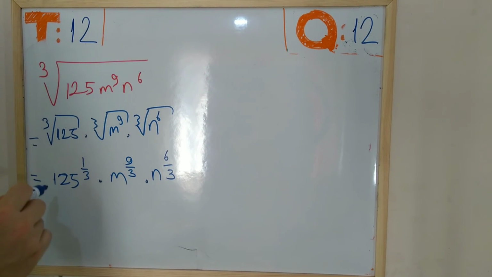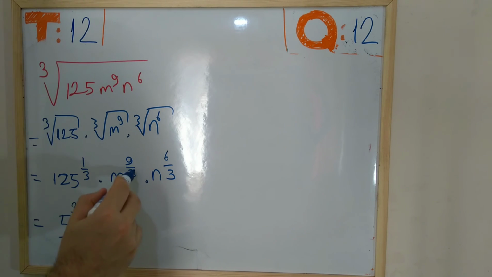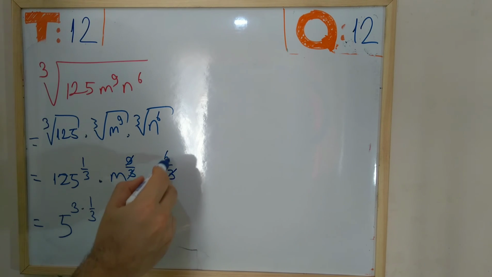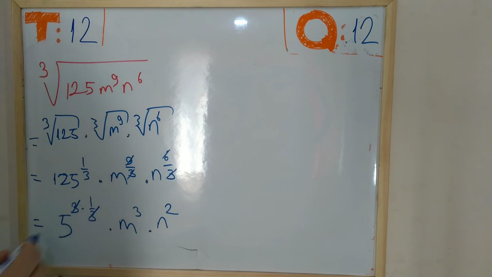As we probably remember, 125 is the cube of 5, so we can say that this is equal to 5 cubed to the power 1 over 3 times m to the, when we cancel these out, m cubed times, when we cancel these out, n squared. And then we cancel these out too.